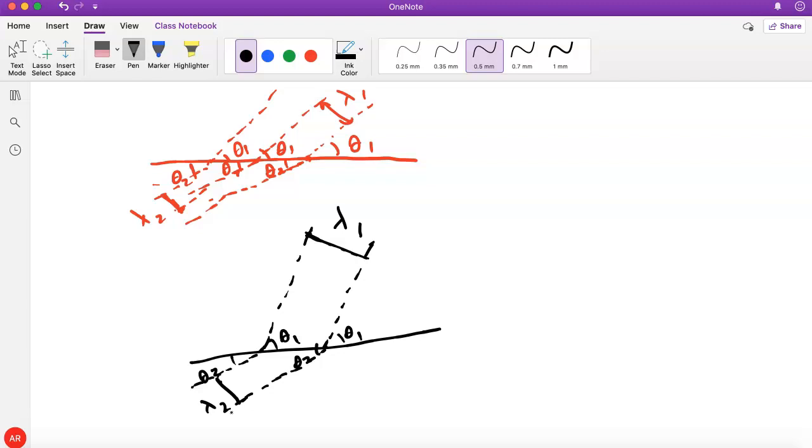Okay, so then we see from this representation that the angles and the wavelengths are not independent. An easy way to see this is considering two right triangles. So let me consider one right triangle here. We go perpendicular to the wavefronts. That's one right triangle shown in blue.